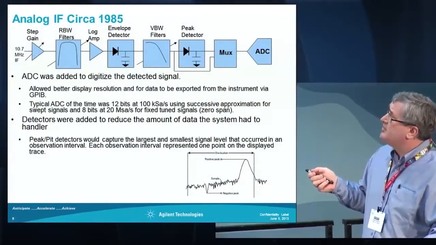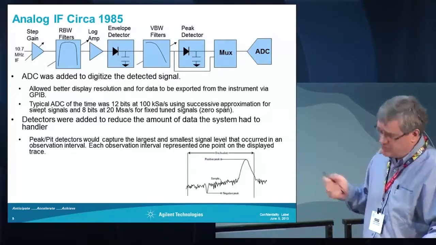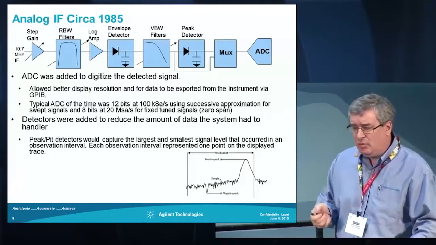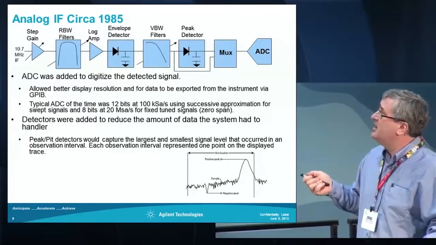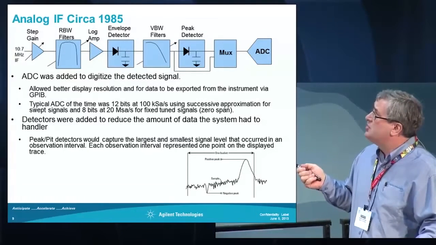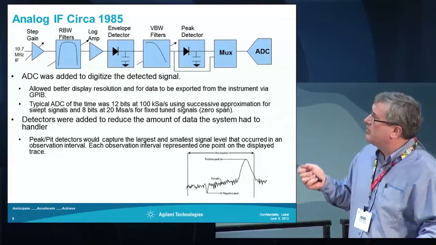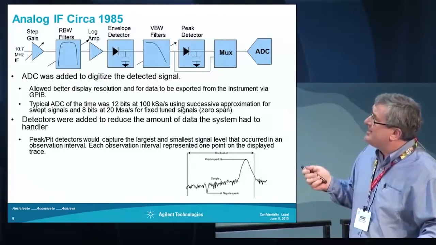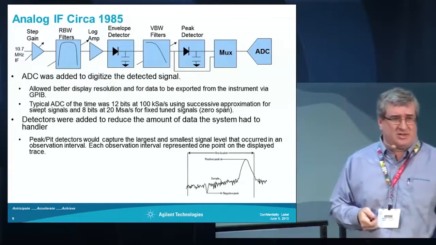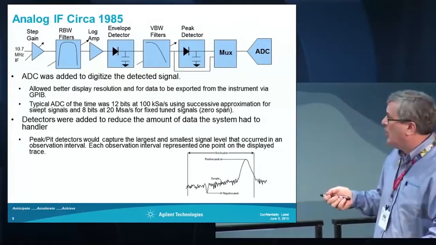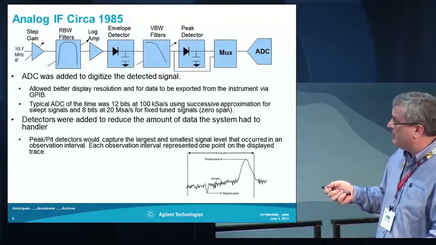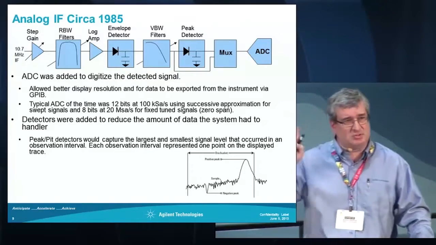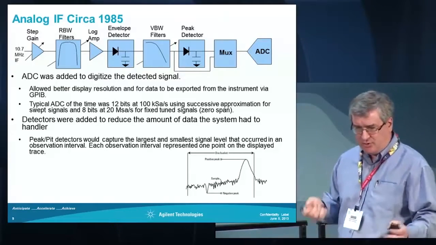This is also when we started to introduce the concept of detectors. Now, what's going on here is the ADCs could generate a lot more data, so this is essentially a data reduction technique that we started to apply at this time. So we have a bunch of data. This is what's called a bucket. Every sample point that shows up on a display in a spectrum analyzer we refer to as a bucket.